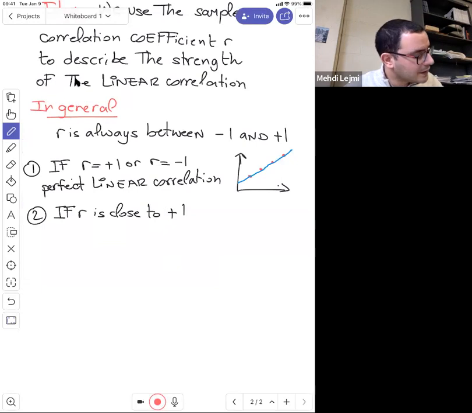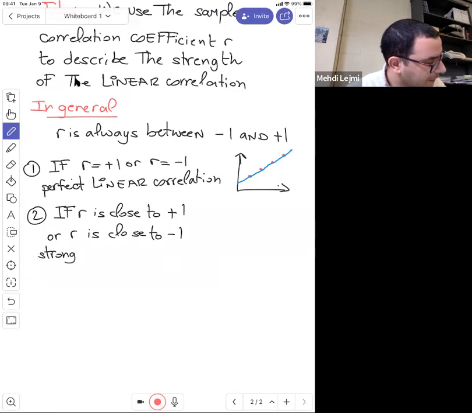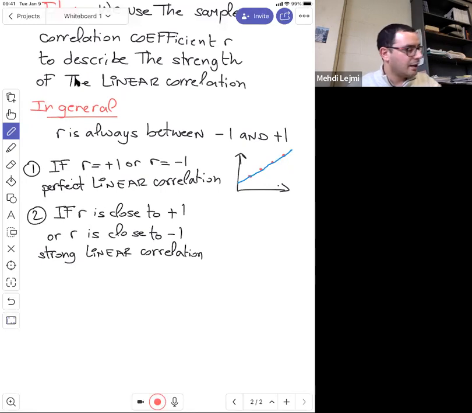So if R is close to 1 or close to -1, then we have a strong linear correlation. Not all the points are going to lie on the same line, but your points are going to resemble a line.